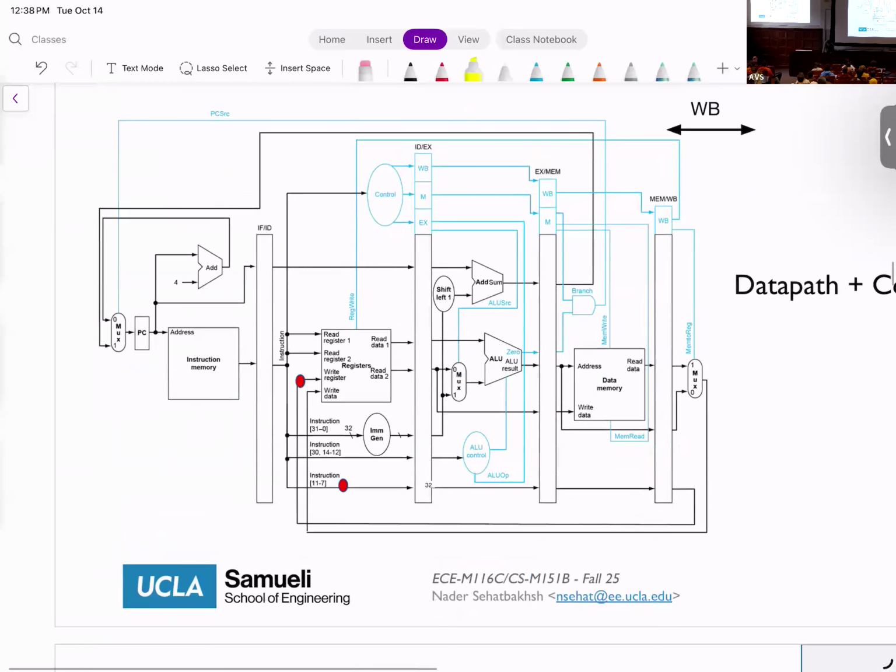Also see that this is your RD that goes all the way and comes back from here. This is the same signal, but as you can see, it goes through 4 stages of the pipeline and comes back, because this is the write-back stage RD versus the decoding stage RD. These are not the same thing. Yes.